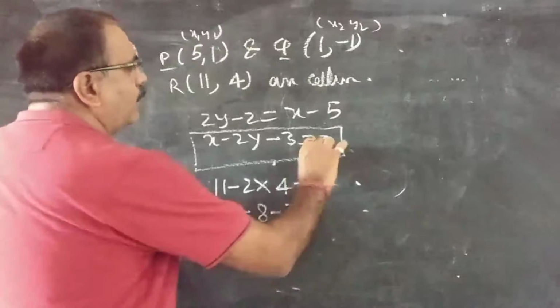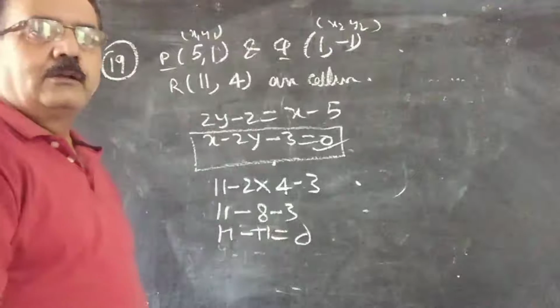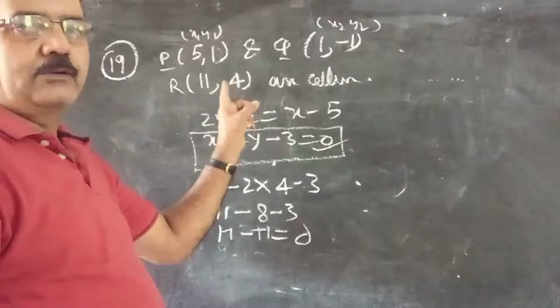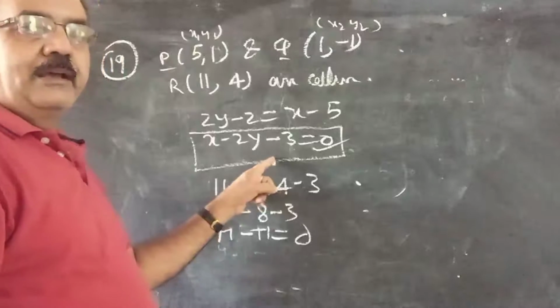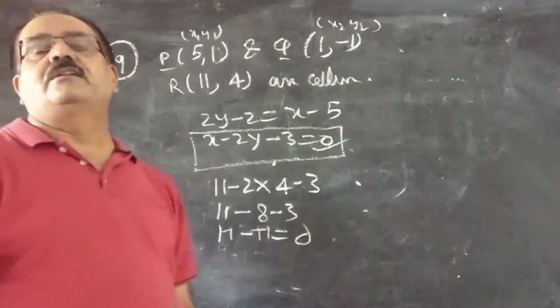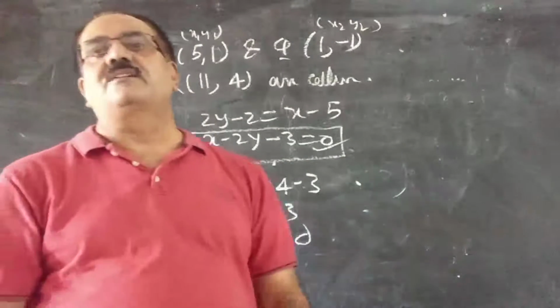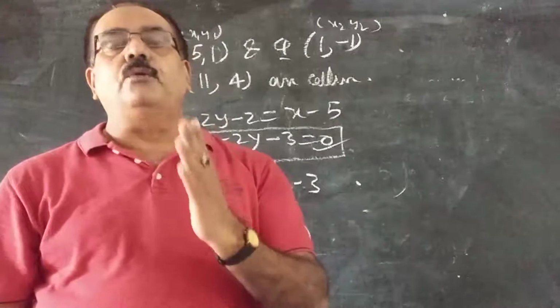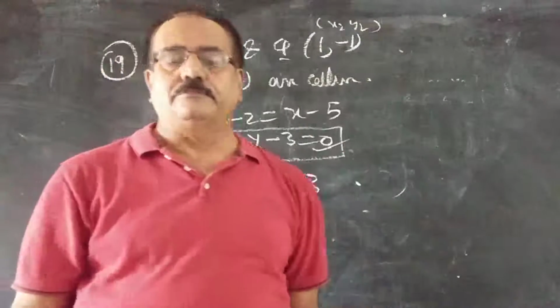Is it equal to 0 or not? It is coming equal to 0. So after putting the third coordinate R in the equation, it satisfies the equation, which means it is collinear. Hence, we can say that PQR is collinear.